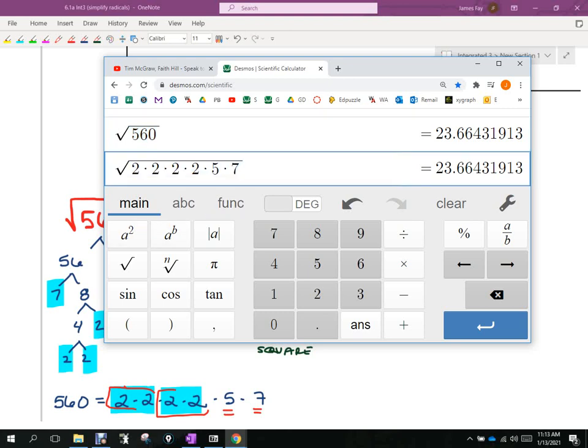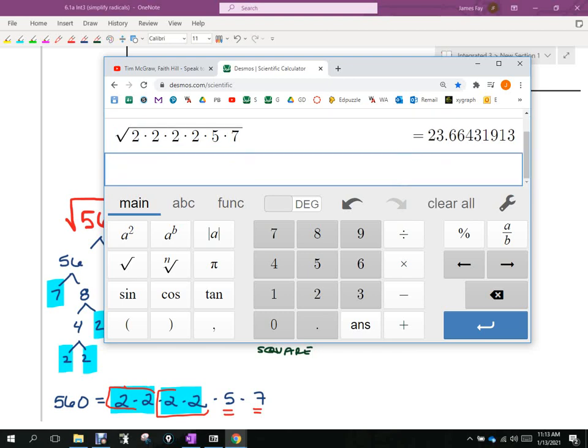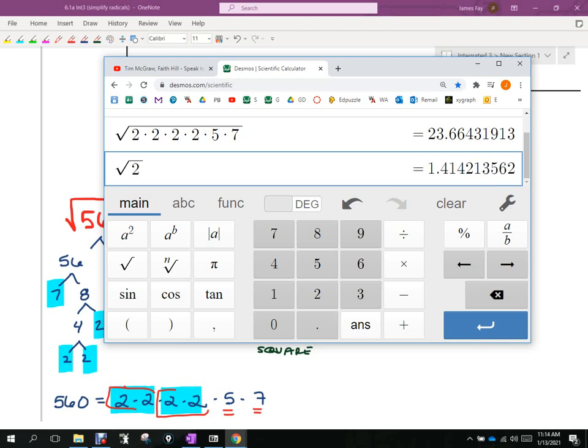Okay. So could I do this? Let's think about this. Let's go square root of 2 times square root of 2. So now I'm just taking each one of those factors and putting it in its own square root. Does that still give me the same result?